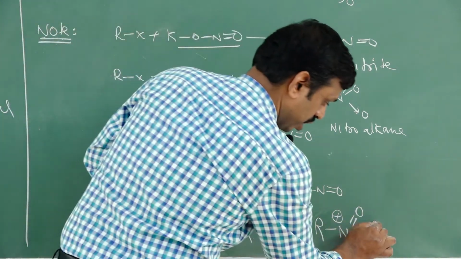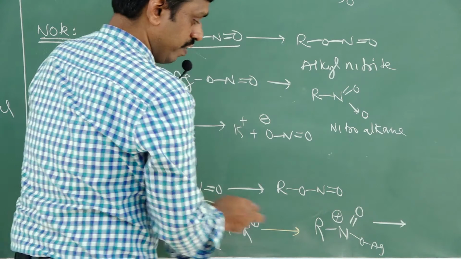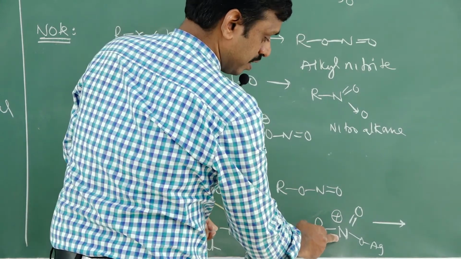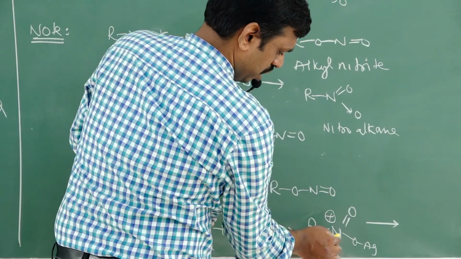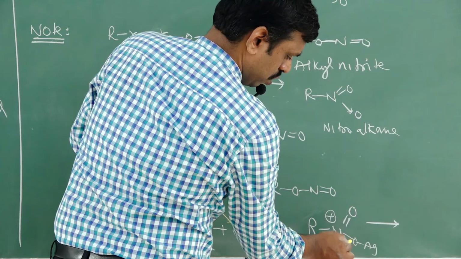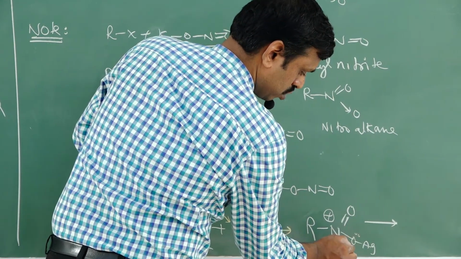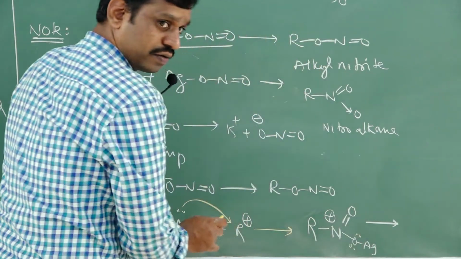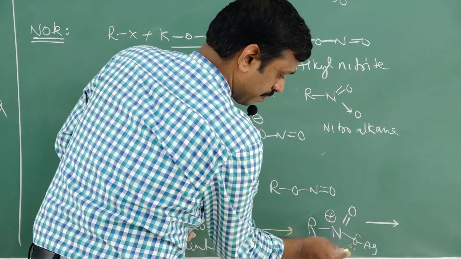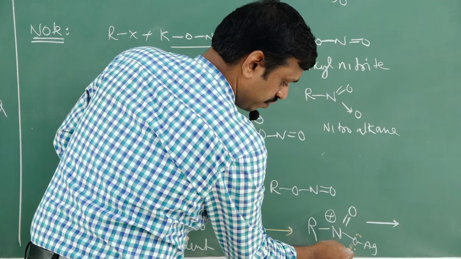Now students, tell me what happened. When nitrogen carries a positive charge, oxygen also has a lone pair here, right? Now this lone pair shifted to here.